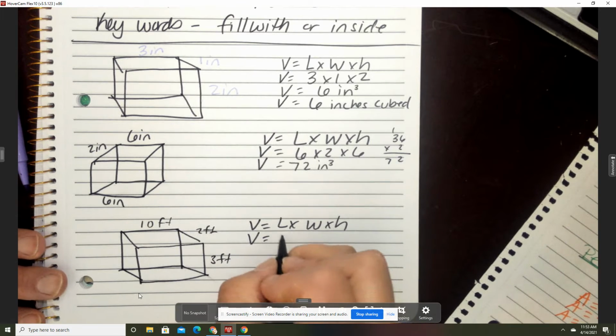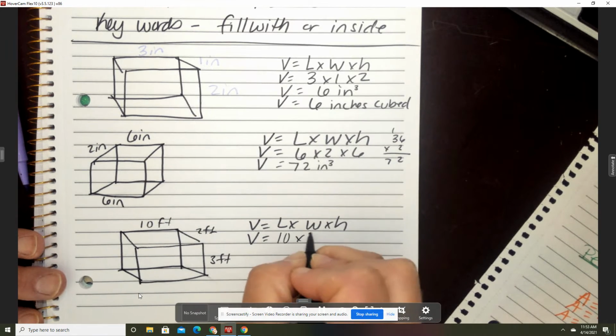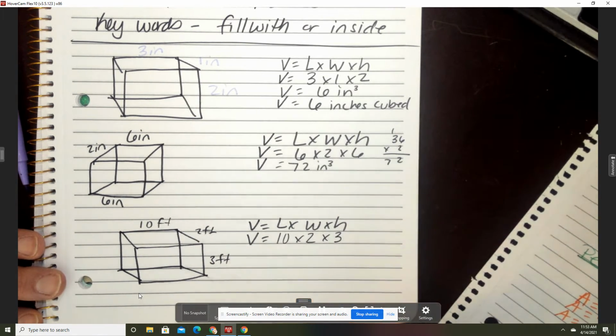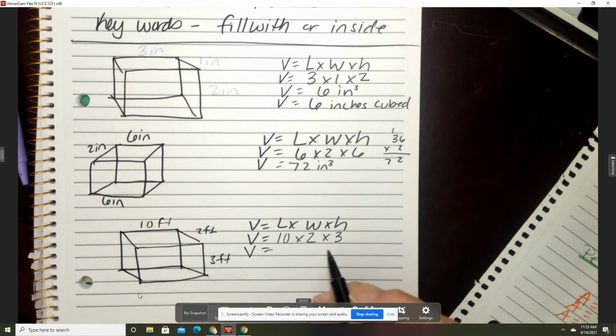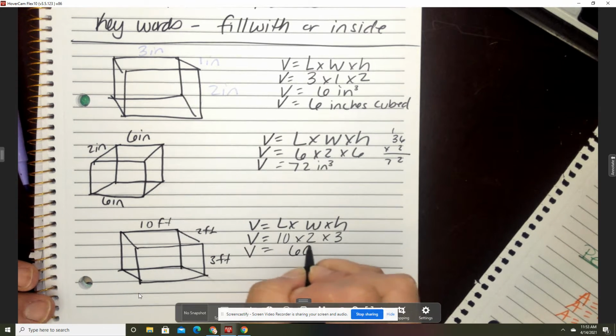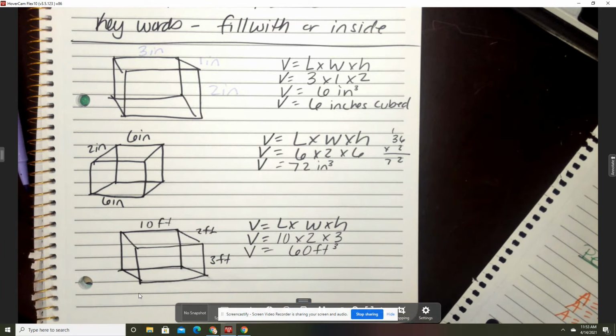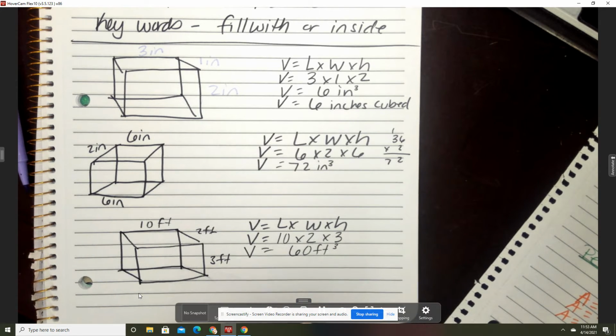So you're just going to fill in 10 times 2 times 3, and then just multiply them. 10 times 2, which is 20, and then 20 times 3 would be 60, and then feet cubed. Okay, so volume is just multiplying all three.